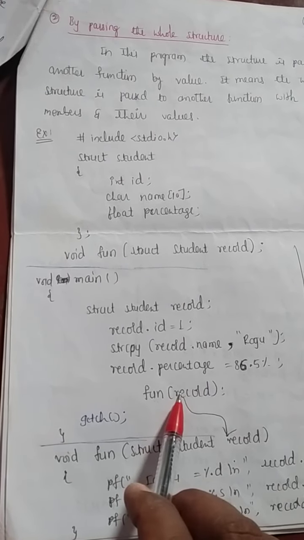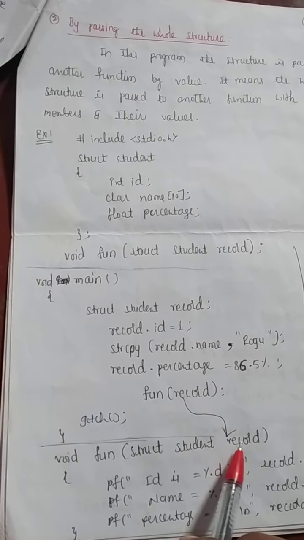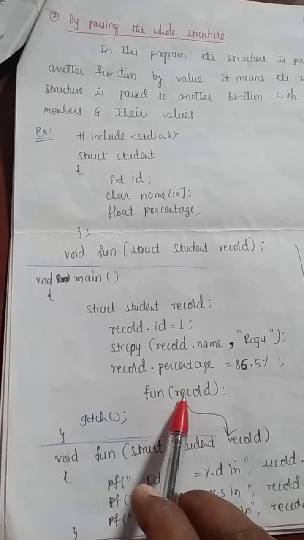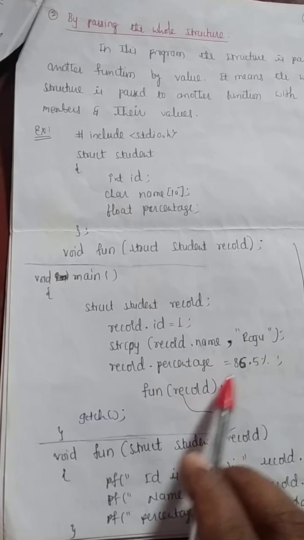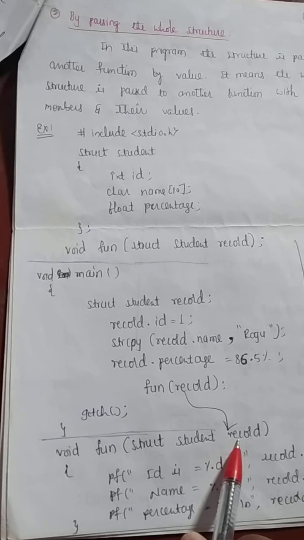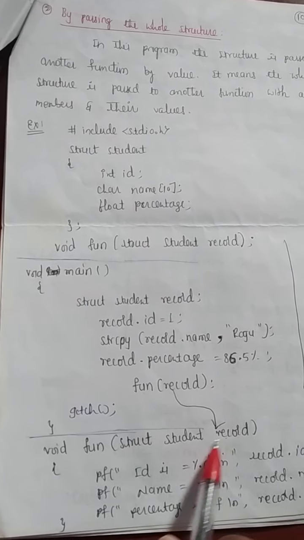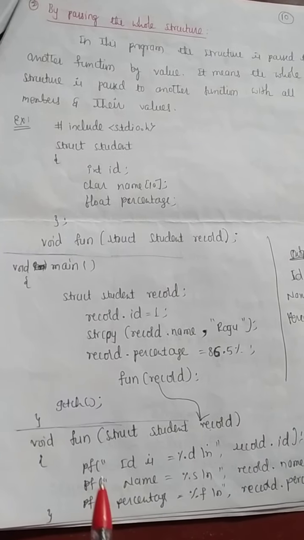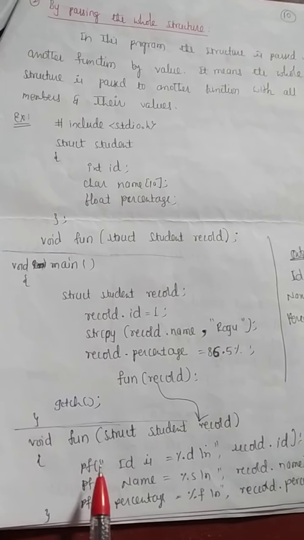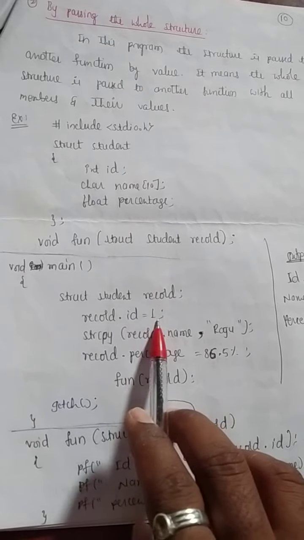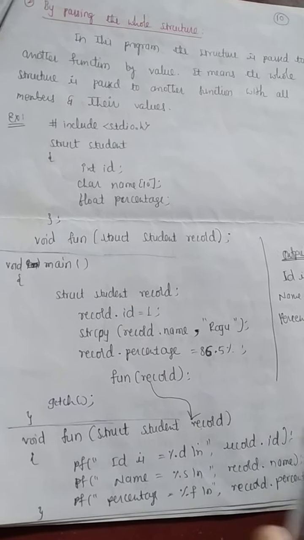When I pass this here, this record is going to receive the values 1, Raju and 86.5. Once I receive them here I can print the values. It is just a simple program, assigning the values here, sending to the function and printing here.